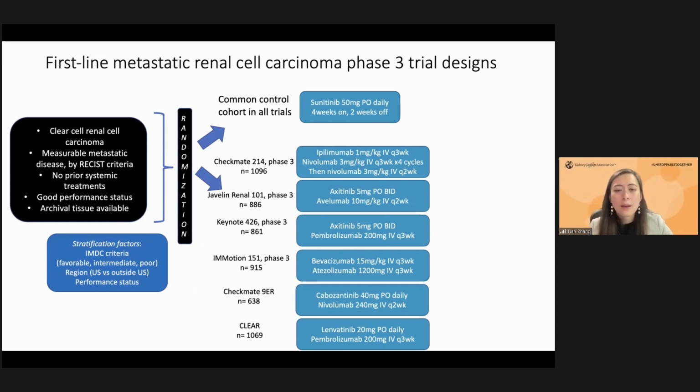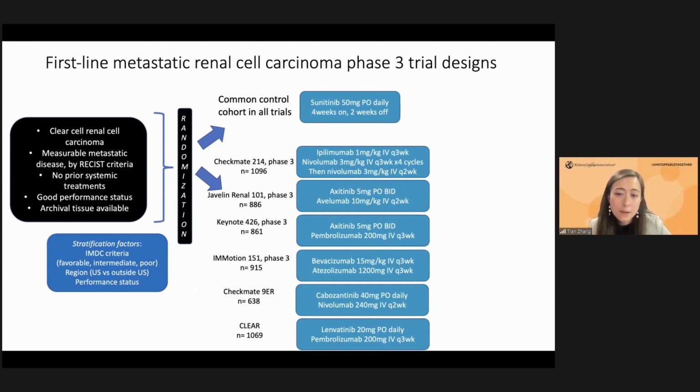And so you will hear people throw terms of Checkmate 214, which is ipilimumab and nivolumab, this trial enrolled more than 1,000 patients, and you'll see some of the results here. Javelin Renal 101 was a trial with axitinib with avelumab. Keynote 426 was a trial with axitinib with pembrolizumab.